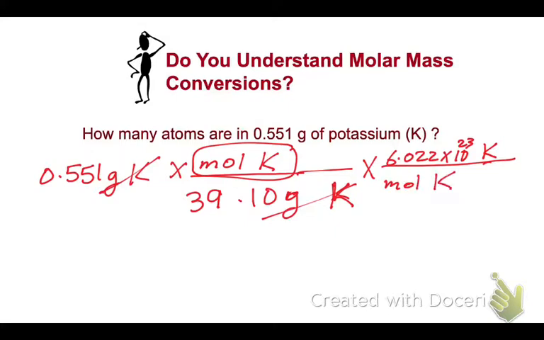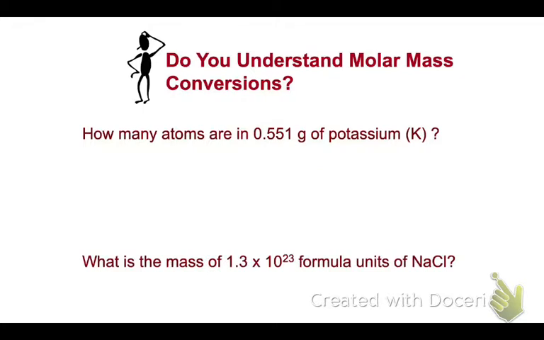You perform this math, taking into account your answer needs to be presented in 3 sig fig, and the calculator will say that you have 8.49 times 10 to the power 21 potassium atoms. All right, let's see what's next.